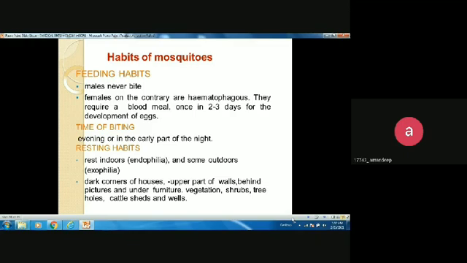Some rest indoors, endophilic, and some outdoors, exophilic. Also, they rest in dark corners of the houses, upper part of the walls, behind pictures, and under furniture, vegetation, shrubs, trees, holes, cattle sheds, and wells, etc. These all are the resting habitats of the mosquito.